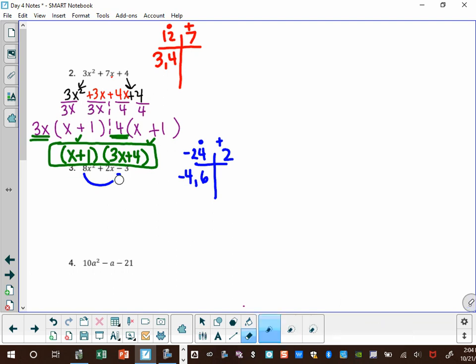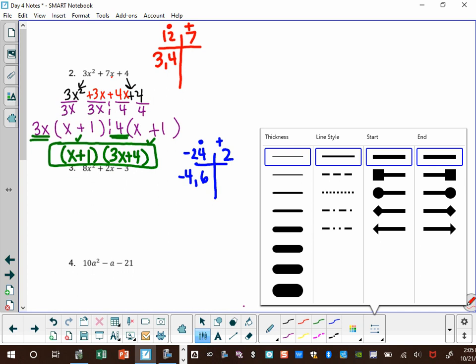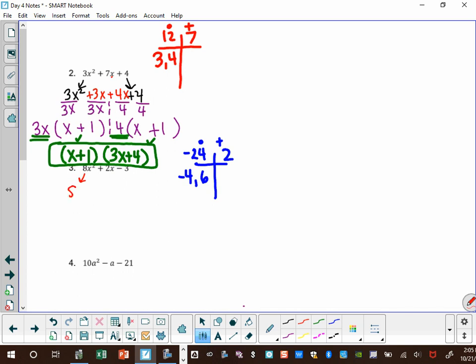If you use your calculator, make sure you're looking for that number at the very end of your table if you need a +2. All right, once I have my factors, I'm going to swing it back so I drop down. This 8x squared is going to drop down.